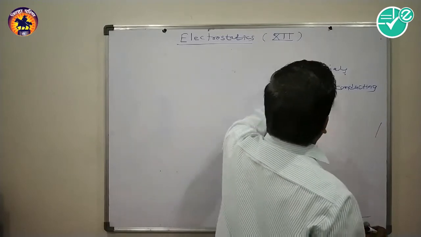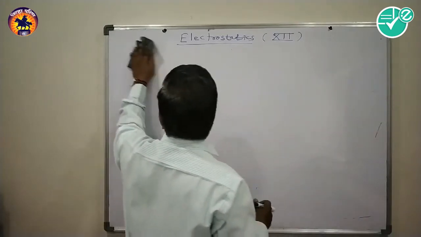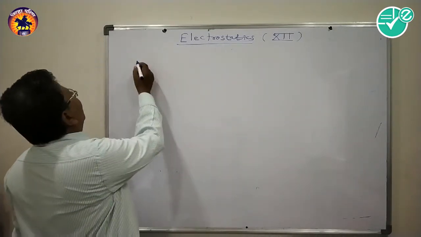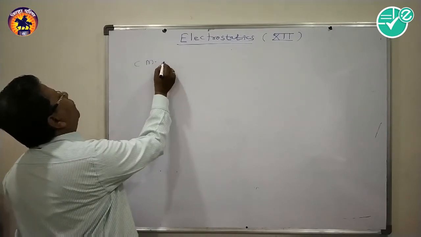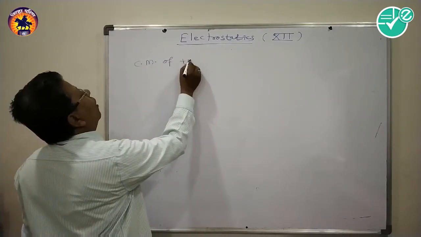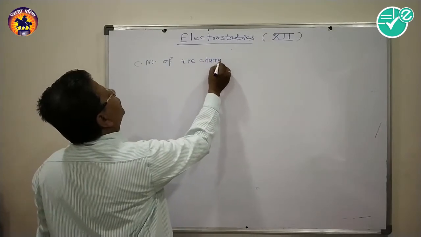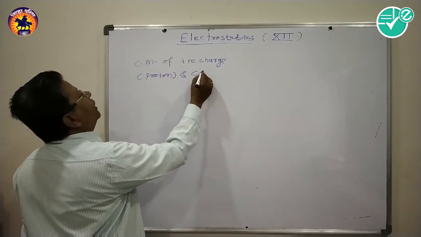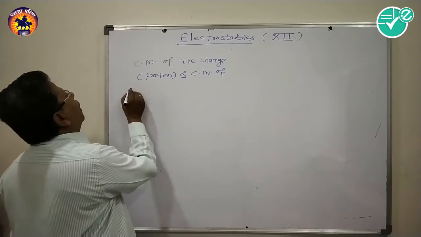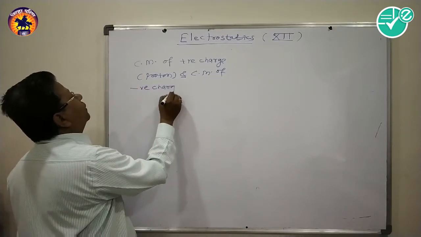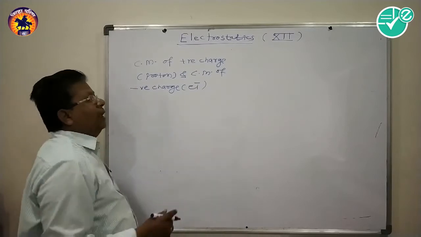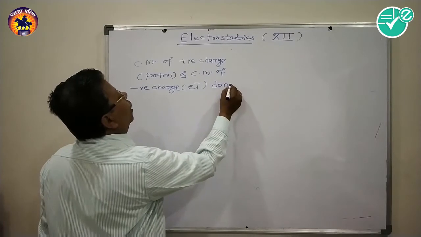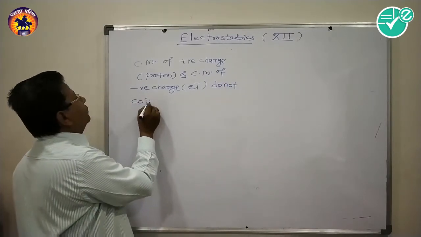The substance in which the center of mass of positive charge, that is proton, and the center of mass of negative charge, that is electron, do not coincide.